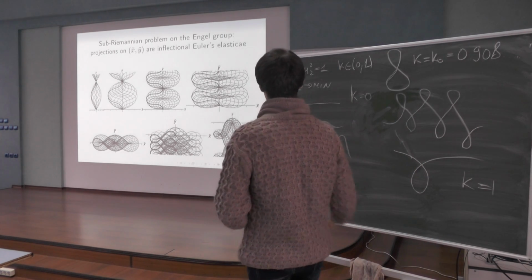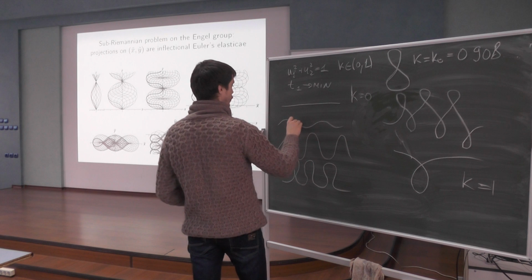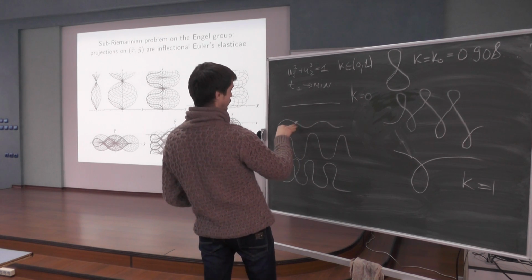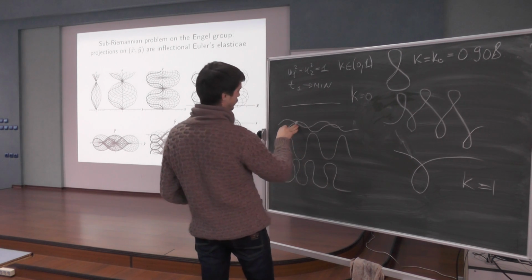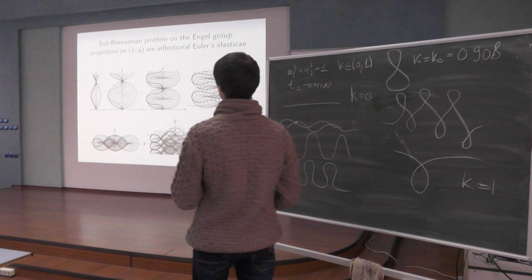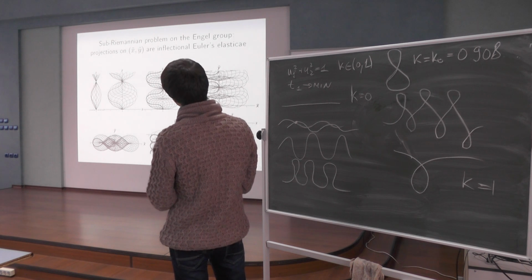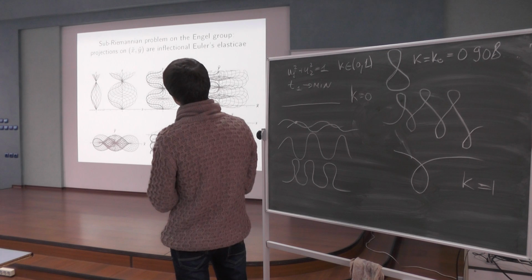We can also start the elastica from any point of the elastica. For instance here, if we shift, we can obtain the same elastica but started from this point. Here you can see that we have this subfamily of elasticas which have the same form but different phases.